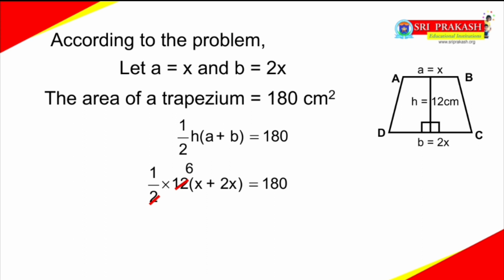Now let us cancel 12 and 2 in 2 table by 6 times. Then it remains 6 into x plus 2x which is equal to 3x is equal to 180. Next, by multiplying 6 into 3x, we get 18x is equal to 180.